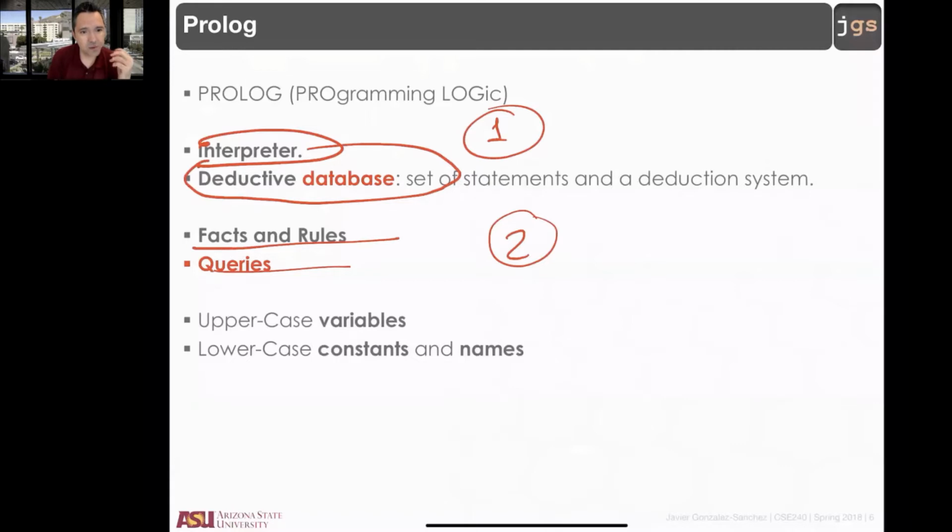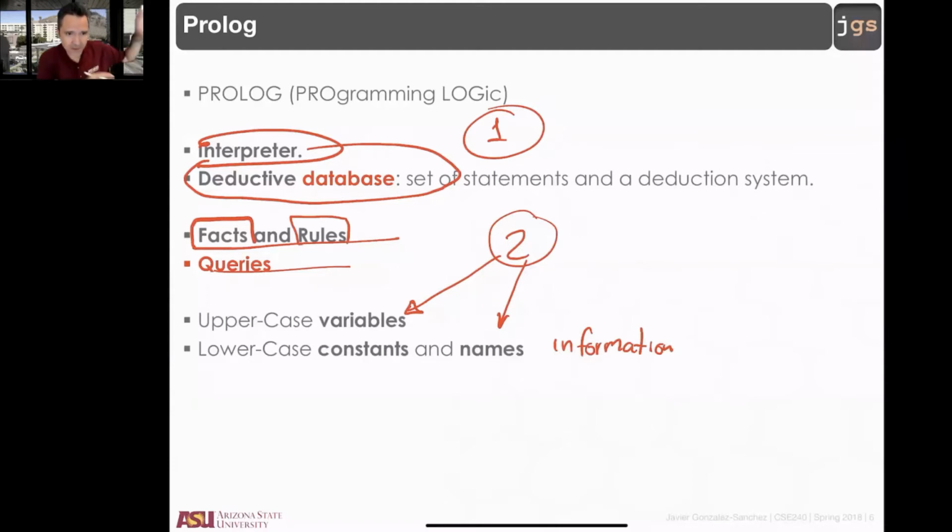Something that I want you to notice here: uppercase, lowercase. Every single thing that you put in lowercase is going to be information. Every single time that you want to specify a fact, every single time for the rules that you want to include information in a rule, everything that is information should be lowercase.